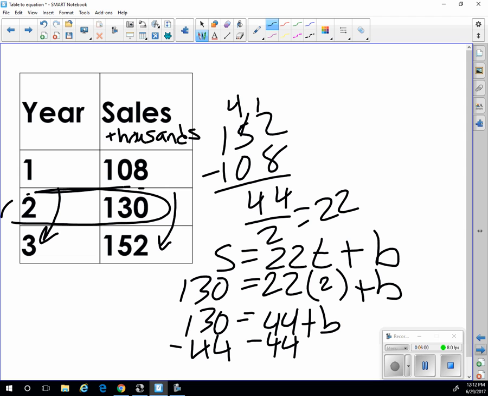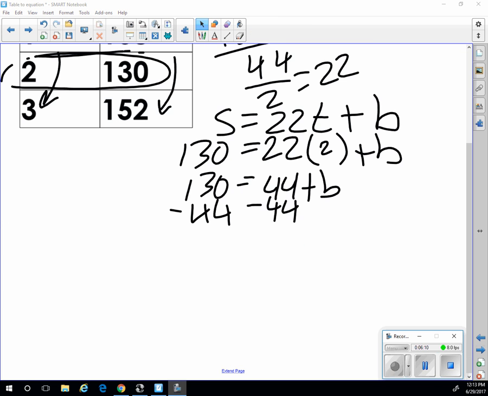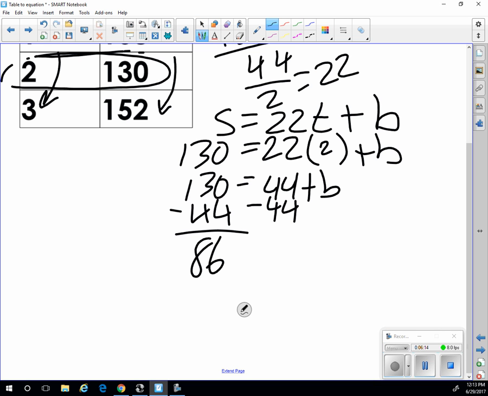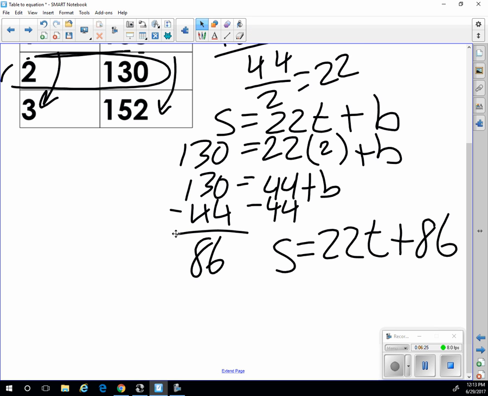And 130 minus 44 is 86. So that equals 86, and so the sales will equal 22,000 more every year, plus 86,000 as my beginning point.